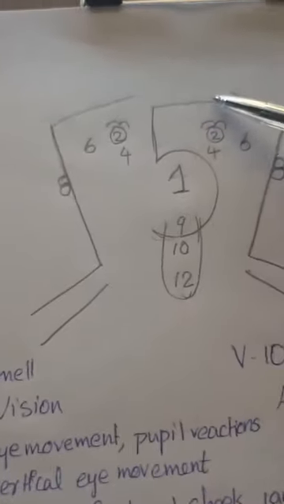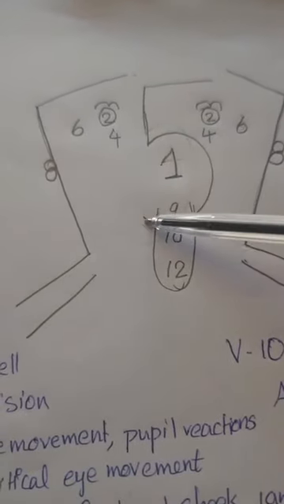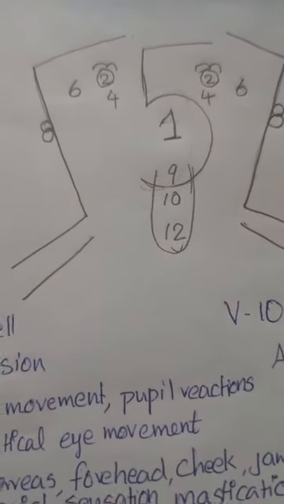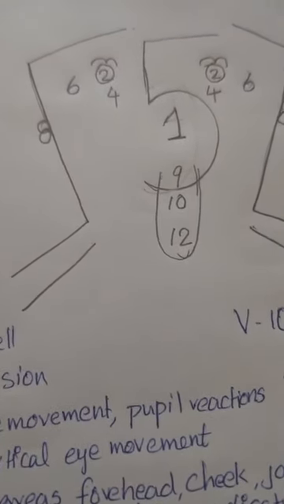Then 5, you see here the hole towards the middle of the face. So the fifth nerve is trigeminal.